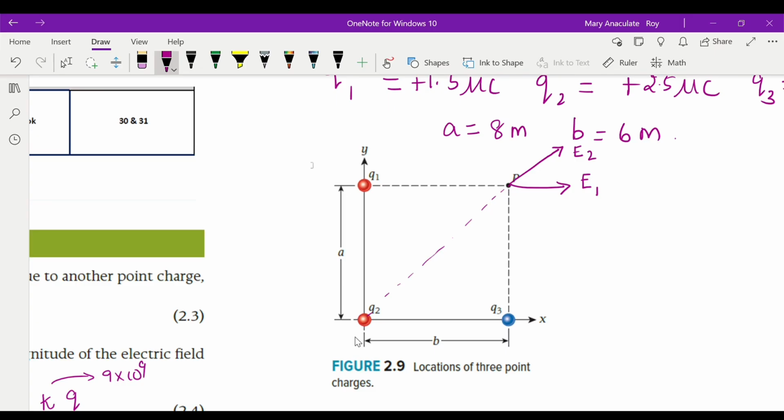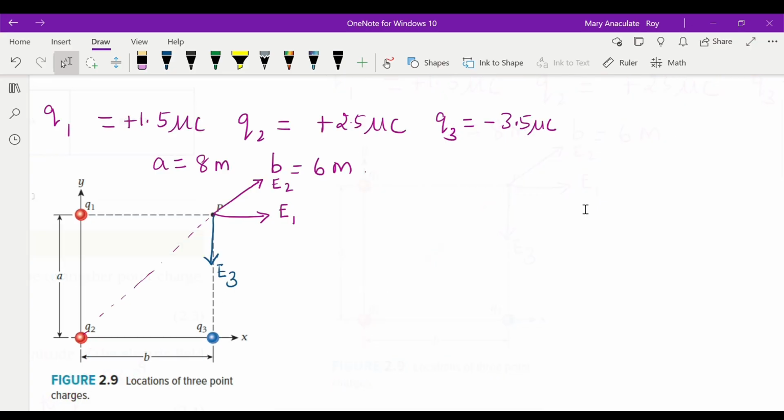Alright, for the third charge, Q3, it's negative, so the vector will be towards the charge, and that will be E3. So these are the directions of the fields at the point P due to charges Q1, Q2 and Q3.